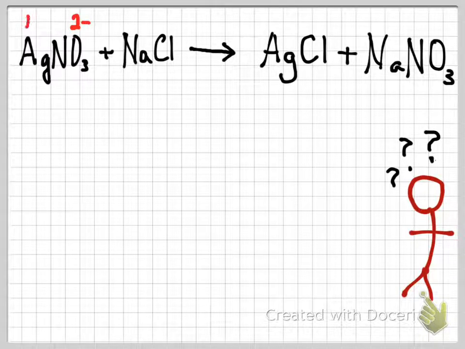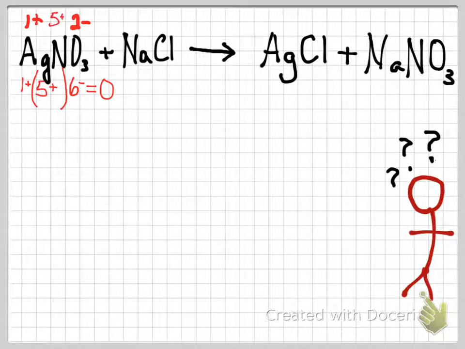And if we write in the oxidation states for every compound, here we know we've calculated the oxidation state of the silver is +1 because that's the charge of that ion. The 3 oxygen sum to a -6, so the nitrogen in this case must be +5.